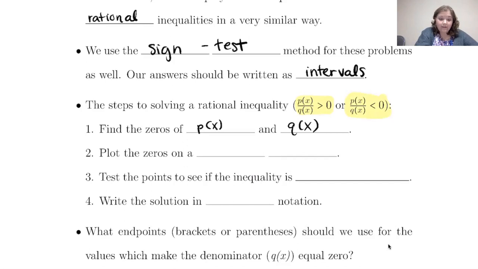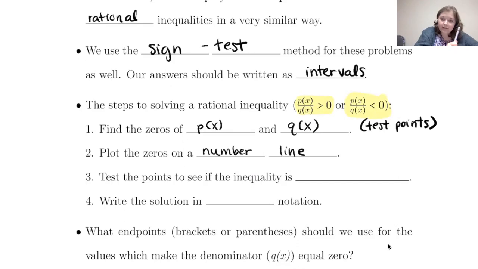So once we find those zeros, those are going to be the test points, like they were in the previous lesson in 5.1, which means they're not your answers, but you're going to use them to find your answers. So once we find the test points, we're going to plot the zeros on a number line, just like we did before.